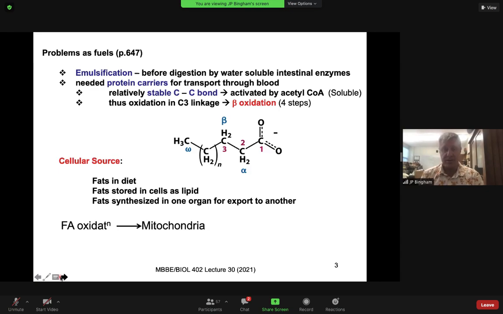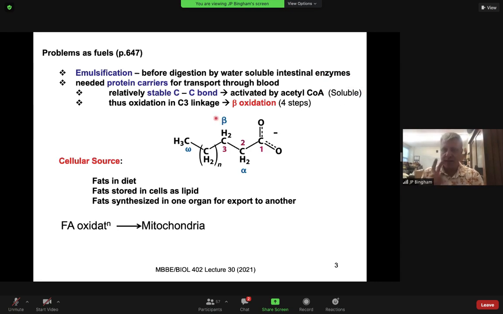Now, we also have the stability of the carbon-carbon bond in the long alkyl chain. But the interesting thing is we go through a degradational process where we are basically producing acetyl-CoA, which is soluble.